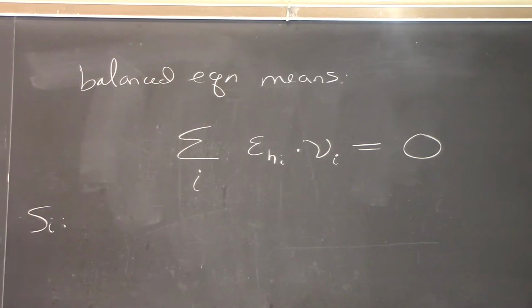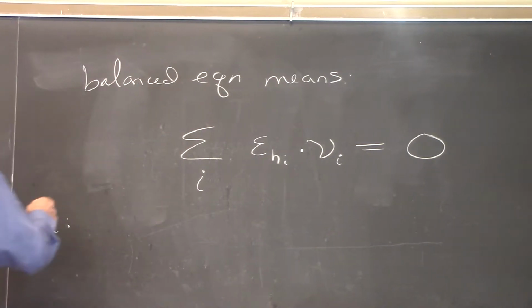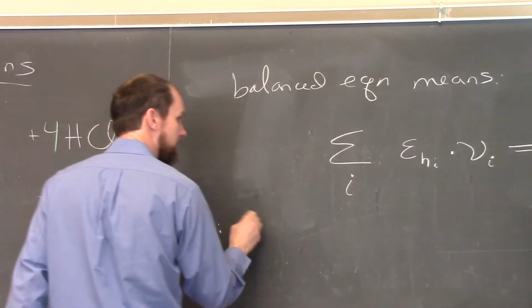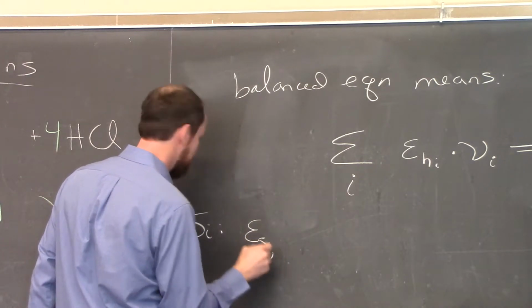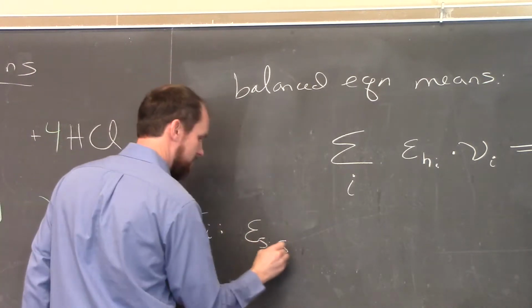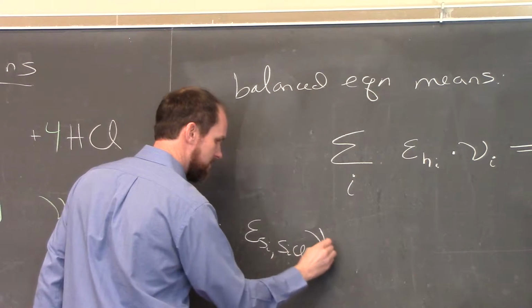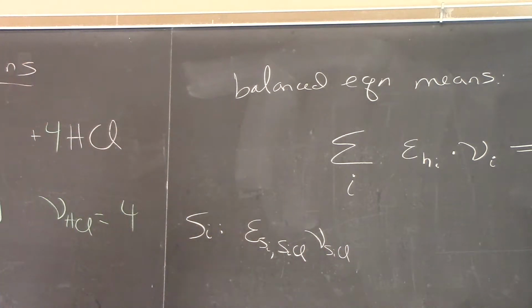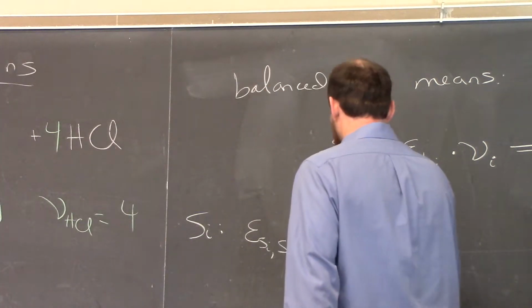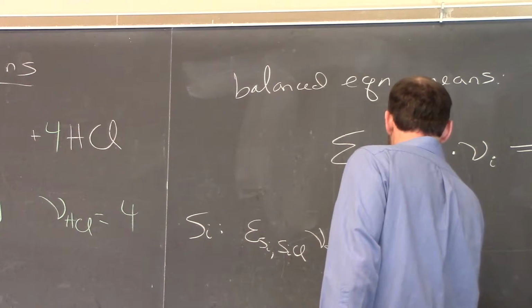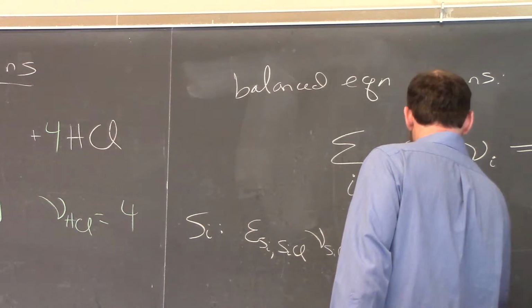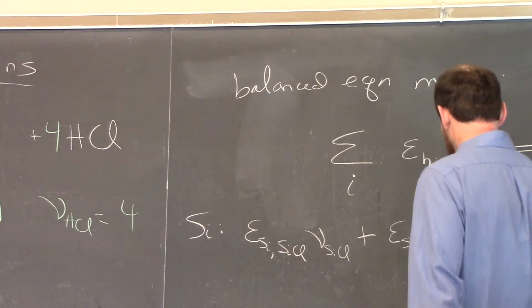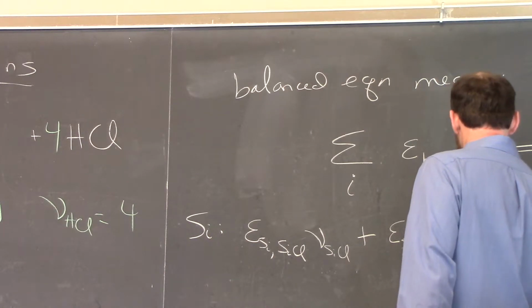For silicon, I go through each of the 4 compounds. We have epsilon for silicon in silicon tetrachloride times nu of silicon tetrachloride, plus epsilon for silicon in H2 times nu of H2.